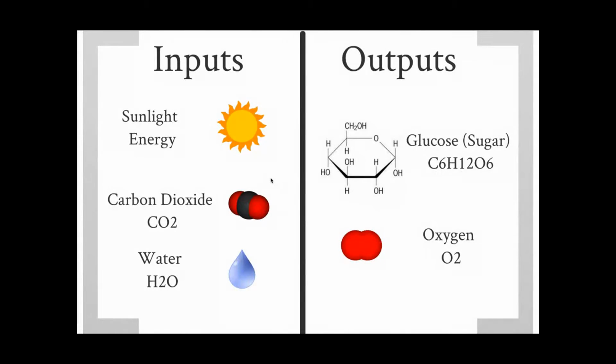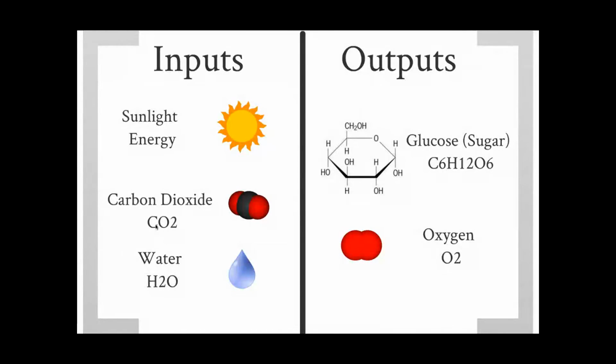And what's important to remember here is that energy can't be destroyed. So what's happening to that light energy? It's getting stored chemically in the sugar, the glucose. And that's why you and I and plants and animals can take in sugar and use it as the source of our energy. That molecule stores or holds energy.